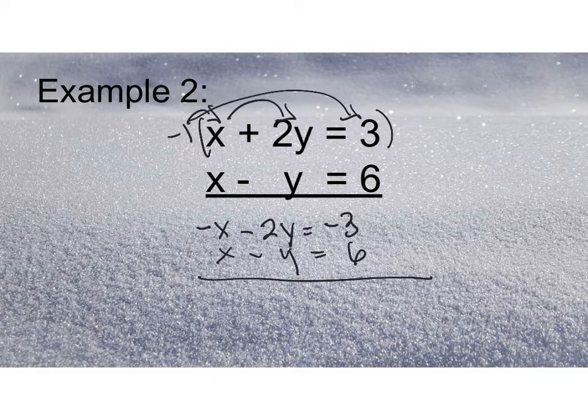And then I can use my elimination method. So a negative x plus x, those will cancel out. Negative 2y minus y equals negative 3y, equals negative 3 plus 6, equals 3. And then all you have to do is divide by -3 and -3, and your y is going to equal -1.